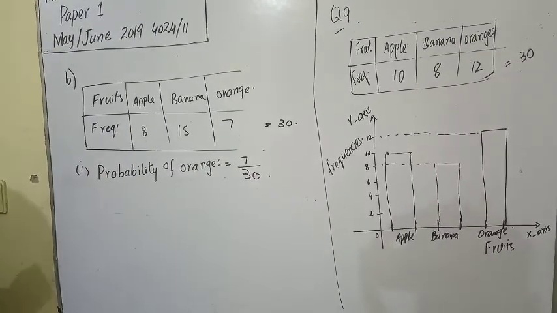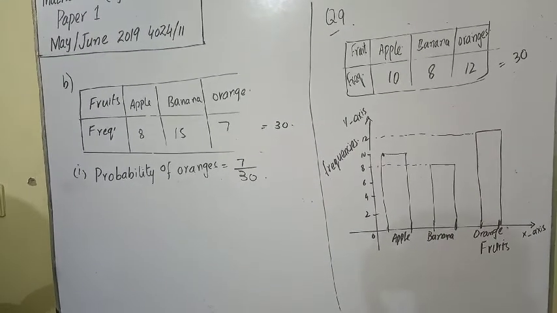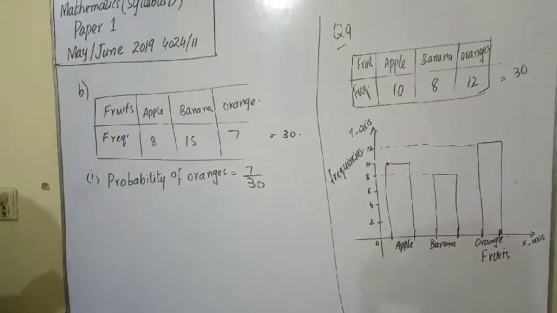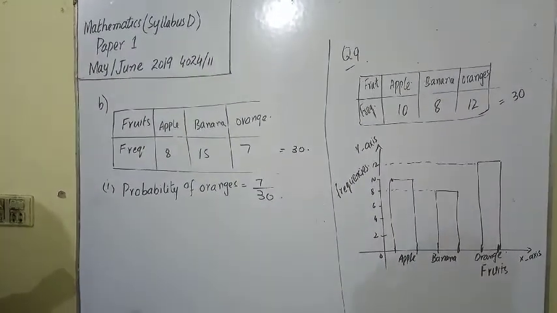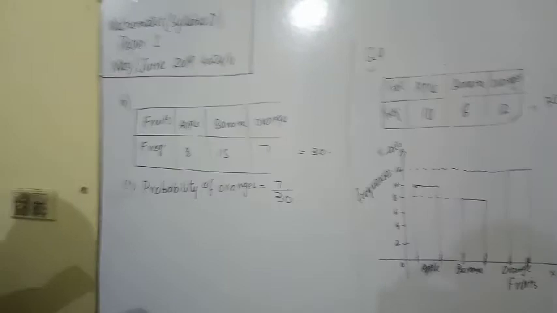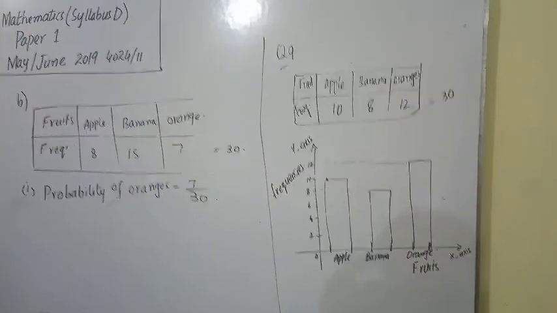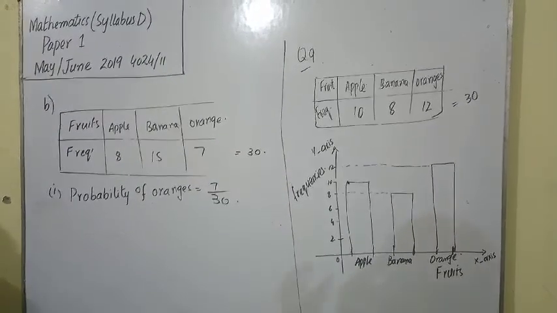Now come towards the second part: there is a total of 180 students in the school. Use Ahmed's result to estimate the number of students in the school who choose an apple on Tuesday. We will consider only the students who choose apple, while the total number of students in the school is 180.